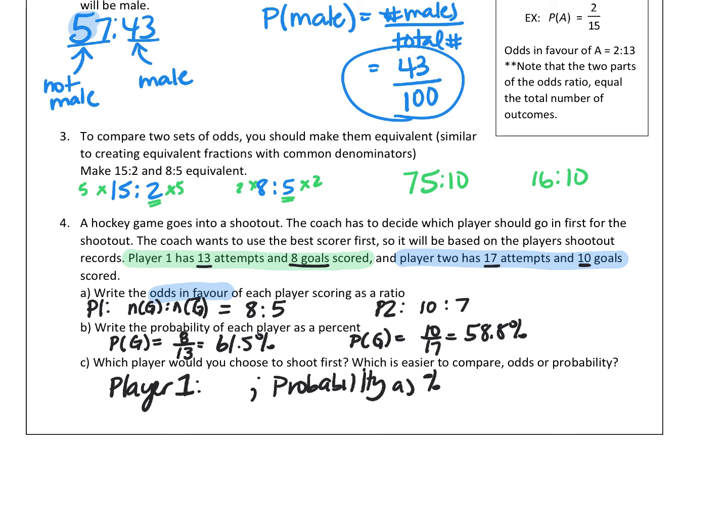If I go back to my odds for player 1, I could have said he would be 56 to 35 if I multiply both by 7. And if I go to the other player and multiply by 5, that would be 50 to 35. Now I can compare those odds a little better when they're equivalent. This player is going to score 56 times, and this one is only going to score 50 times. So player 1 has better odds, but probability as a percentage is probably the easiest way to compare. I want you to go ahead and practice some questions on your own.